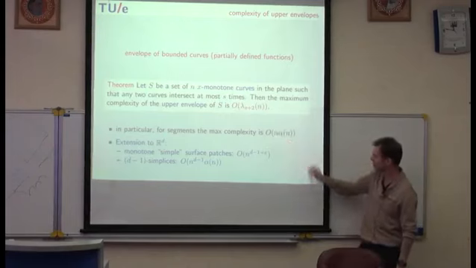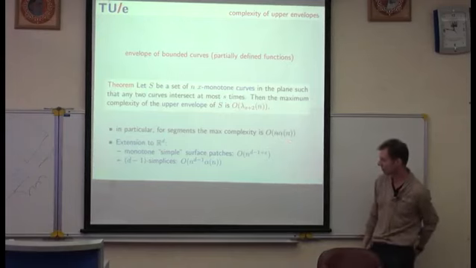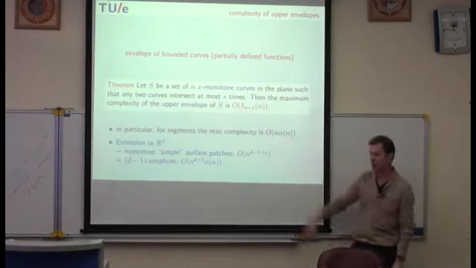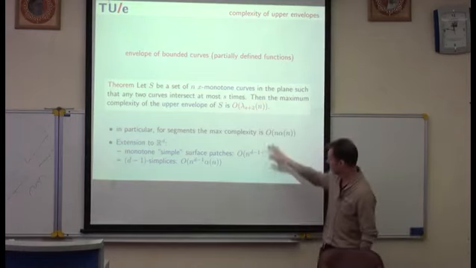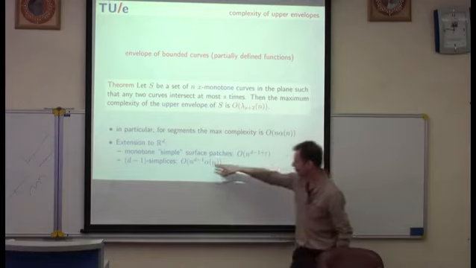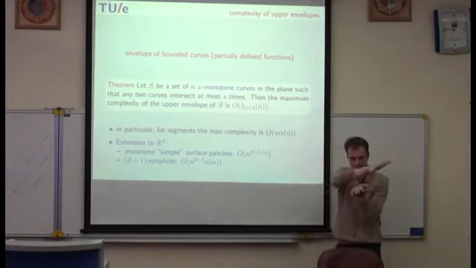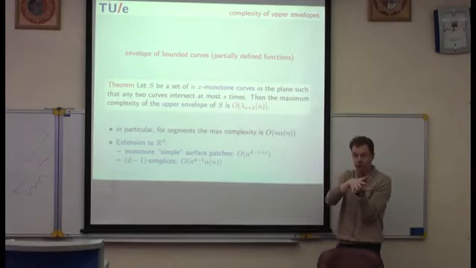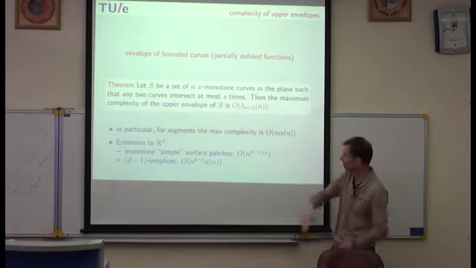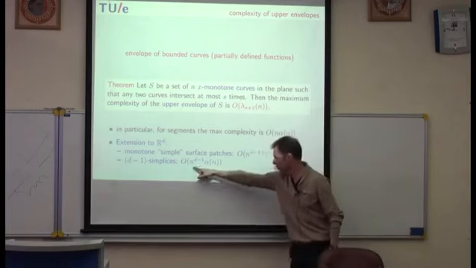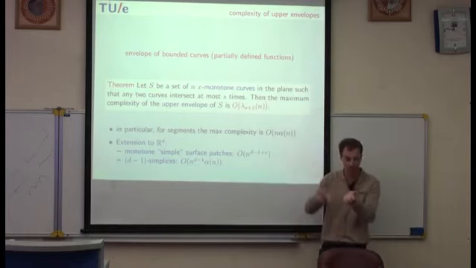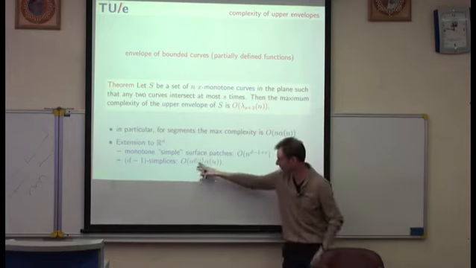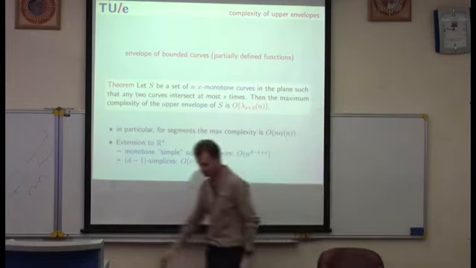And again, the results extend to higher dimensions. Here, even when you have linear surface patches, so let's say triangles in 3 dimensions, you still get roughly n squared. So for planes it was linear, but for triangles, you can get roughly n squared with this alpha.